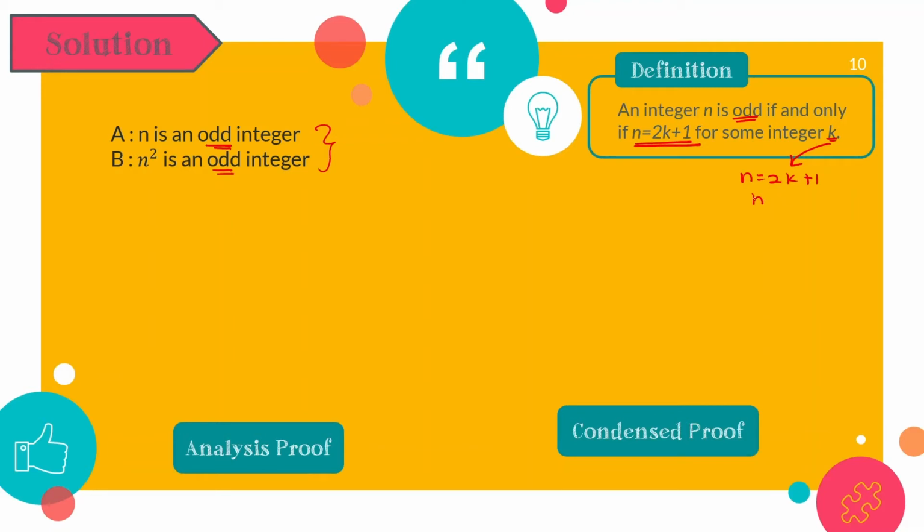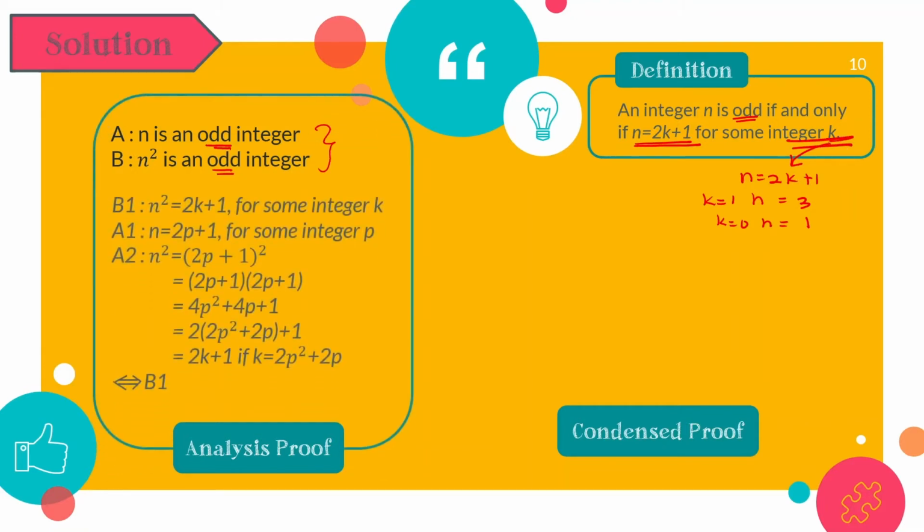So if k equals 1, it will equal 3, and if k equals 0, n will equal 1. So it follows for any integer k. Okay, so let's move to our proving.